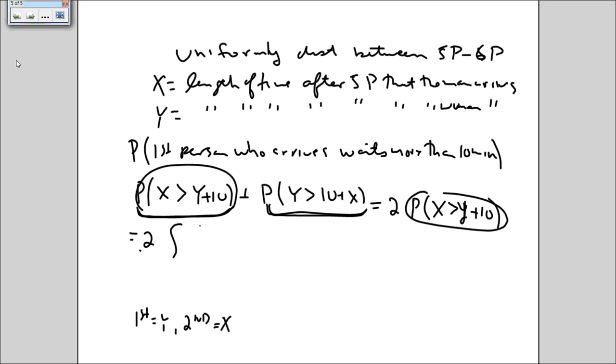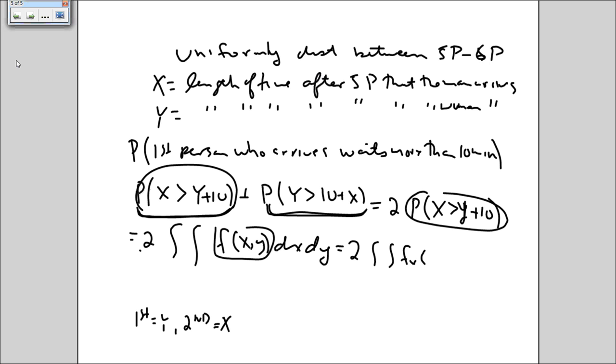That probability is a double integral. But X and Y are independent. That is, this is nothing more than f_X of x times f_Y of y, dx dy.